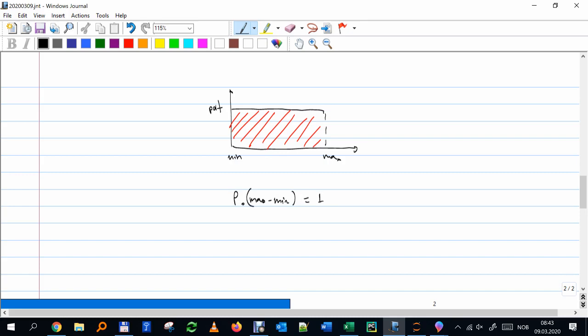For this particular case, the probability will be 1 divided by 6250 minus 5000. How much is that?